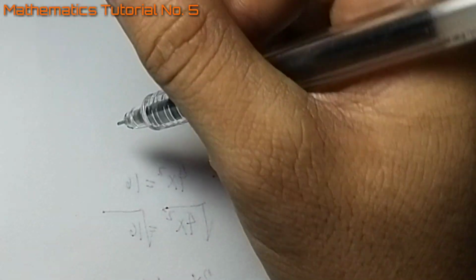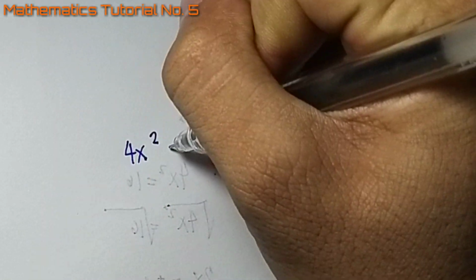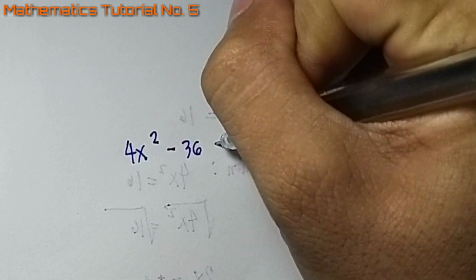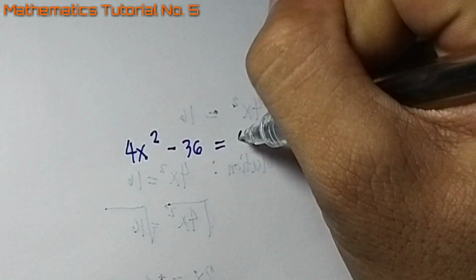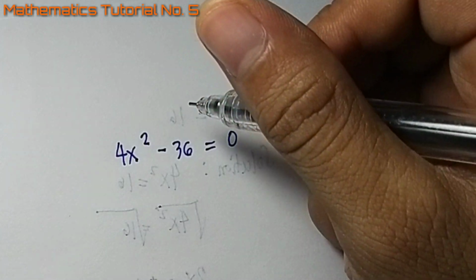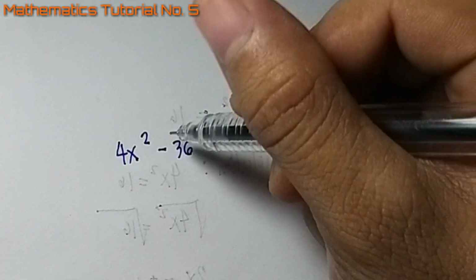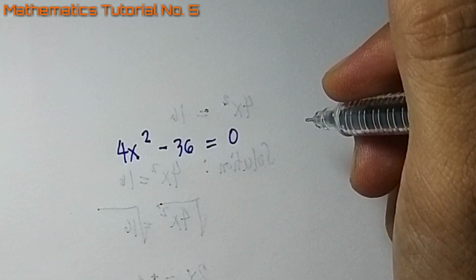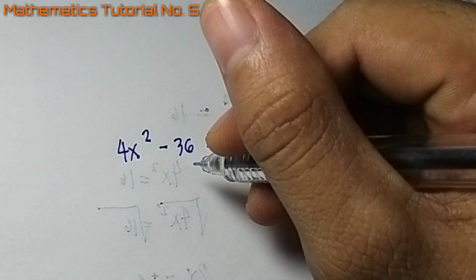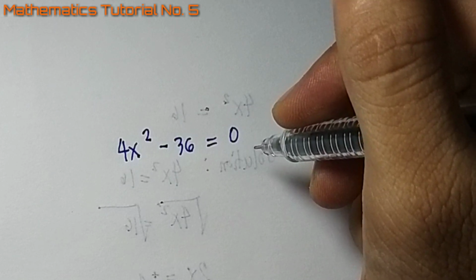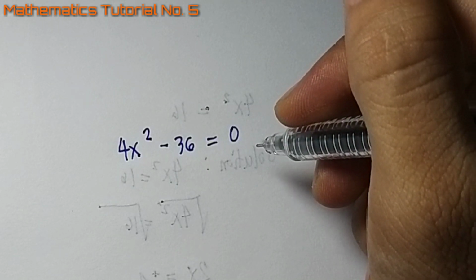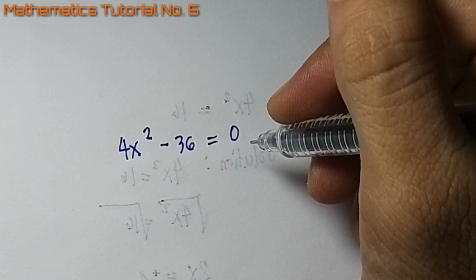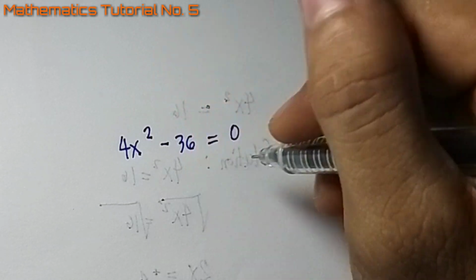Okay, next example. Let us have 4x squared minus 36 is equal to 0. Here, since there is still a constant term, we move it to the other side. What did we use to do that? We use the addition property of equality, meaning we add numbers to both sides.